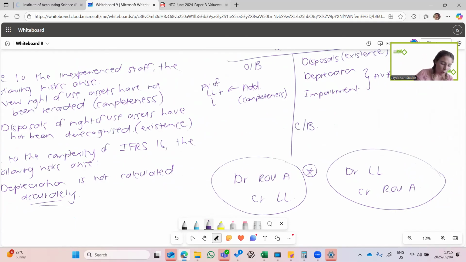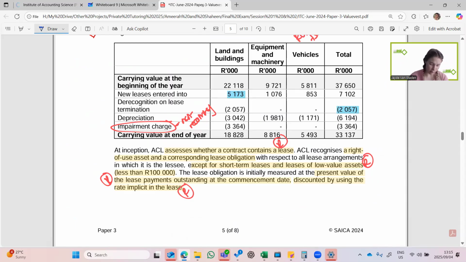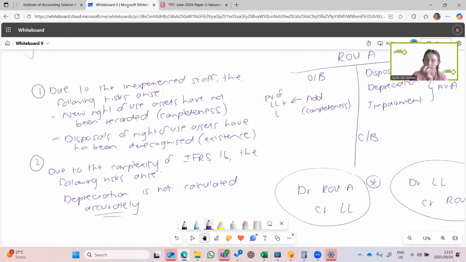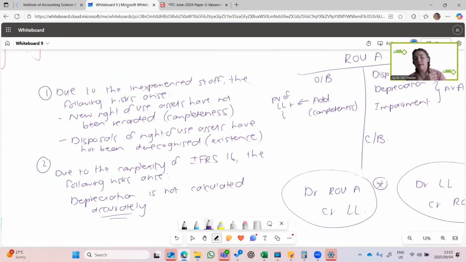Okay, then we've got more things in the scenario to work with, right? Because they speak about here, assess whether a contract contains a lease. Okay, so maybe due to the inexperienced staff members, they might incorrectly assess that the contract does or does not contain a lease, right? Then that could speak to rights potentially, or it could speak to existence, or it could speak to completeness, depending on which way you go.